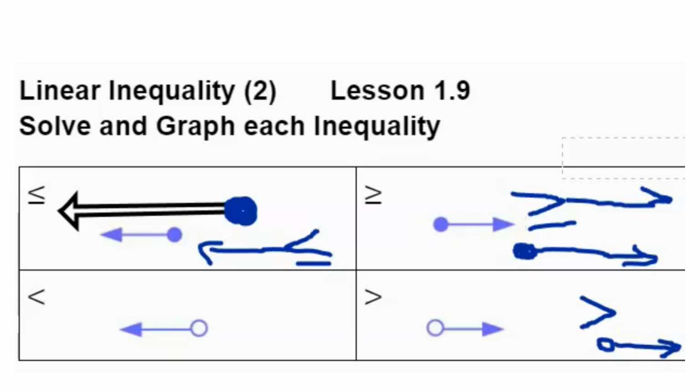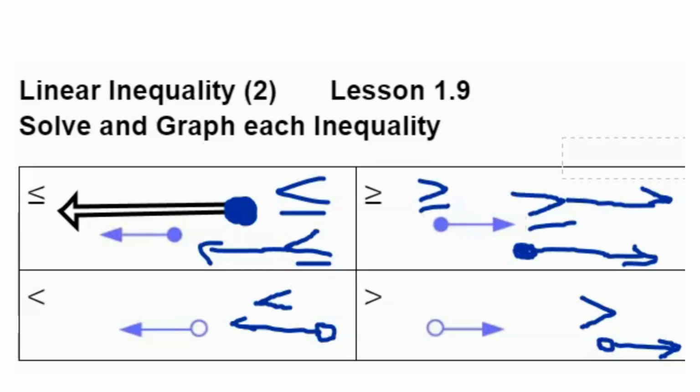You keep the circle open when the sign is only one. Please remember that. You keep the circle closed when you have a double sign, which is less than or equal to, or greater than or equal to. Please remember that. That's when you have a closed circle. Okay?